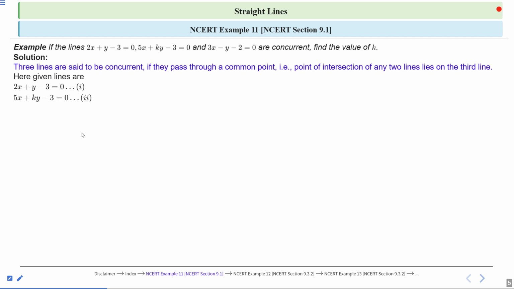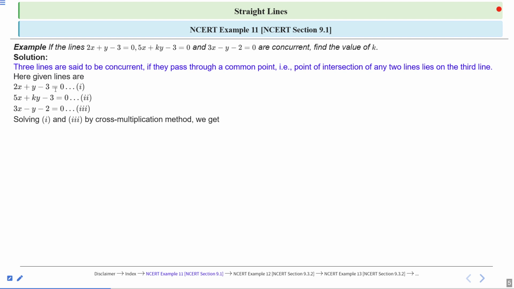Second equation 5x plus ky minus 3 equal to 0, naming this equation number 2. Third equation 3x minus y minus 2 equal to 0, naming this equation number 3.